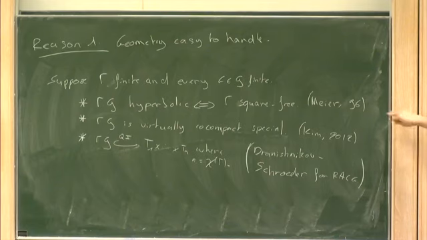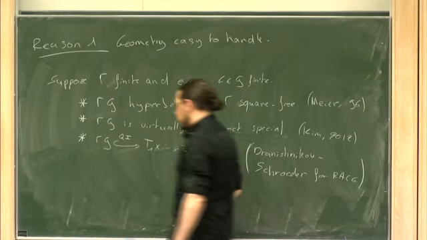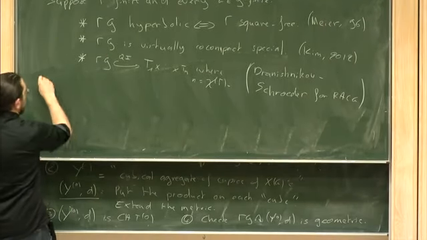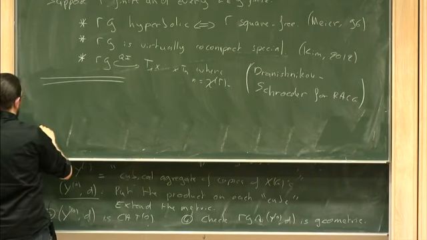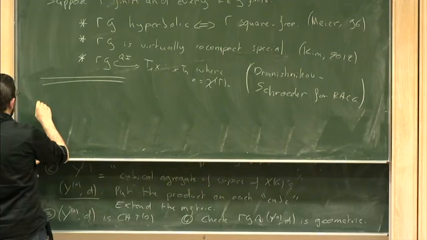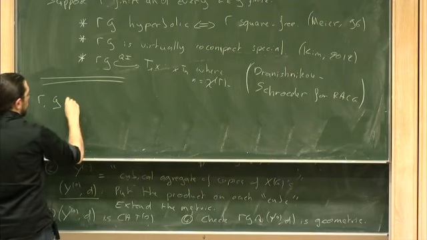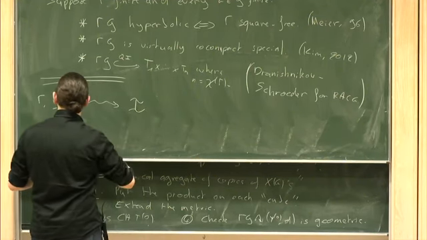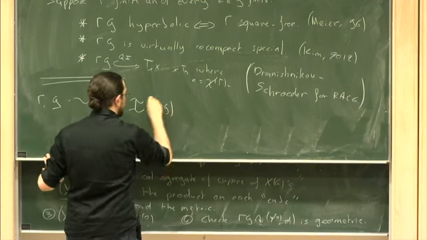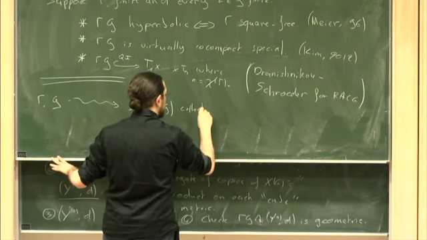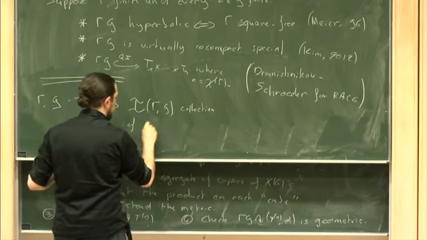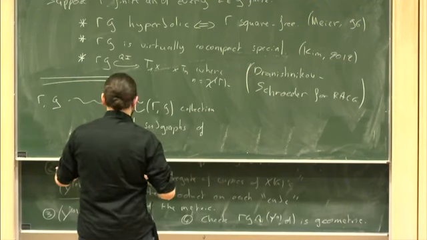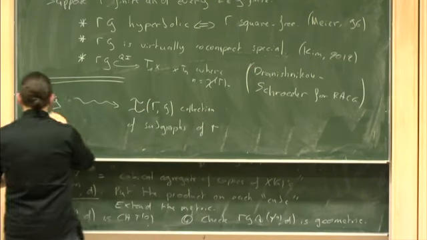This result can be improved to detect relative hyperbolicity. Given Γ and G, you can define some collection of subgraphs I(Γ,G), a collection of subgraphs of Γ.